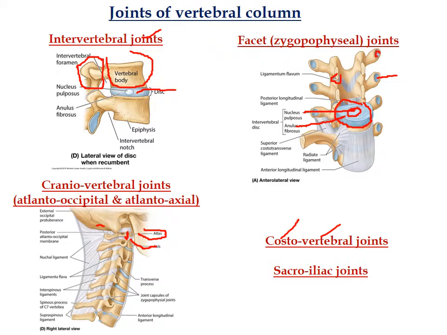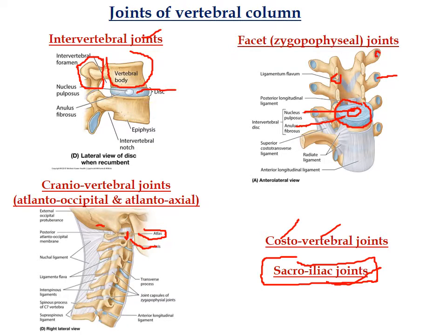Then in the lower portion we have the sacroiliac joint. The sacrum articulates with the iliac bone of the hip, forming the sacroiliac joint posteriorly, so we have right and left sacroiliac joints.